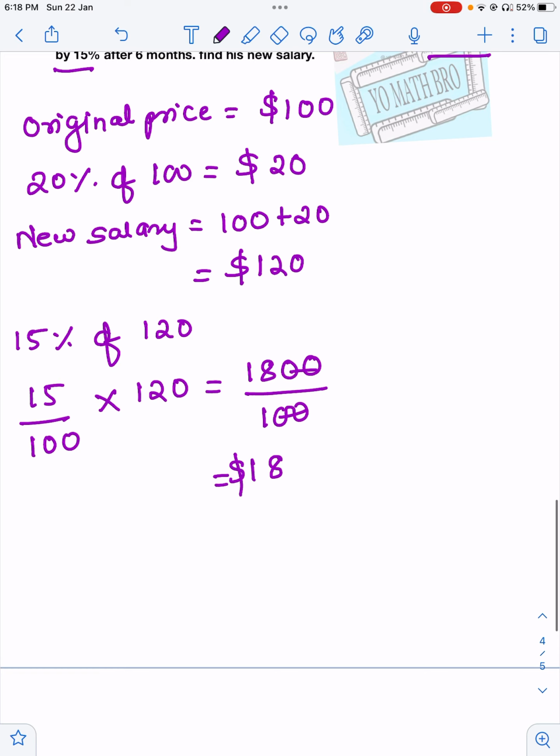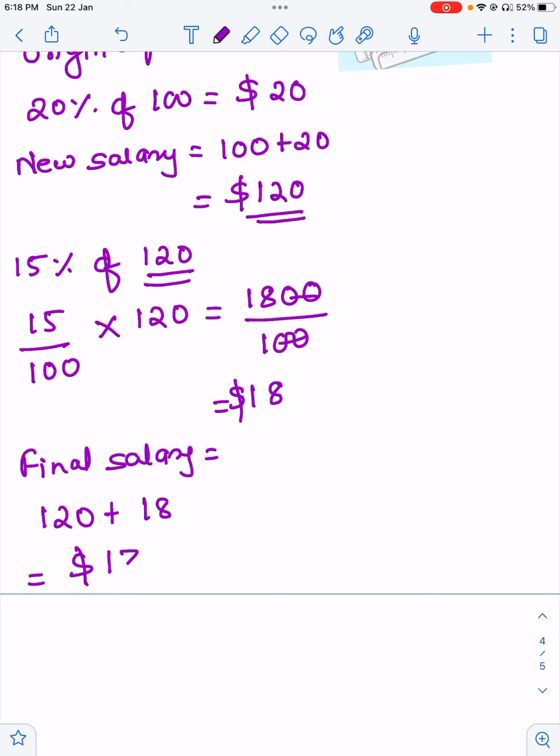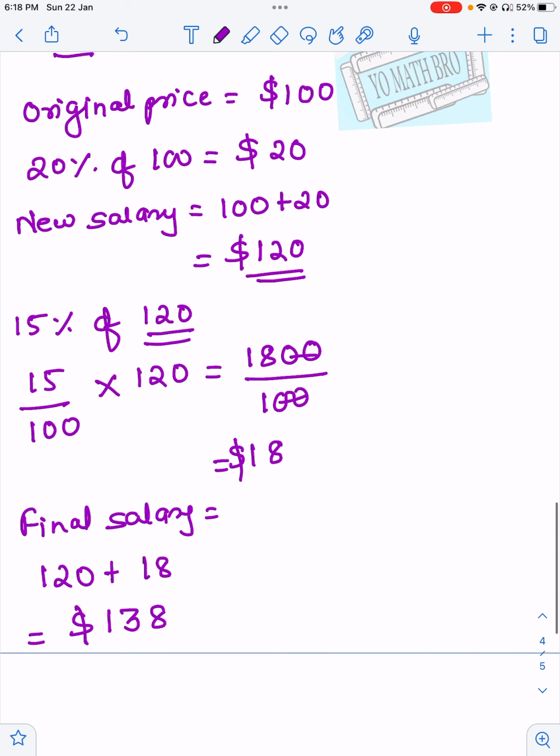Now this was an increase from 120. Remember, this is the amount you will take. So the final salary as per my assumed value is 120 plus 18, which gives me $138. So I see a 38% jump in his salary.